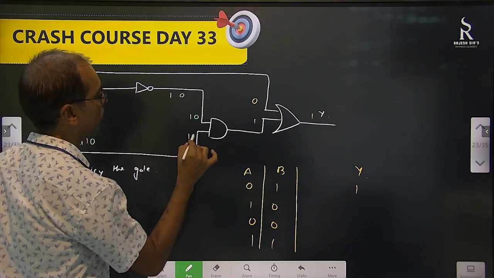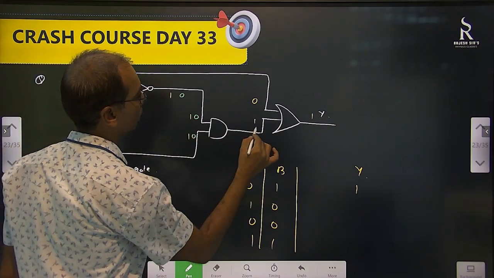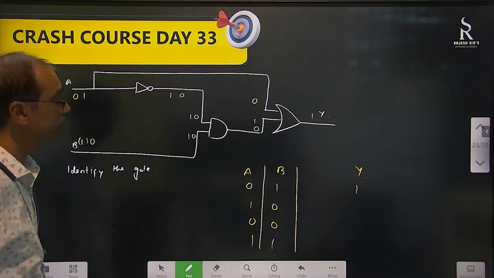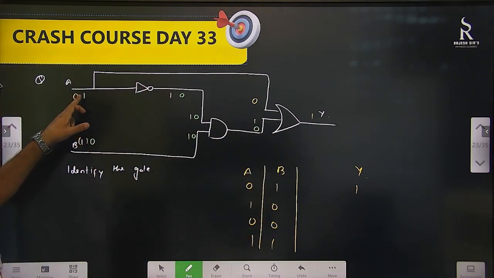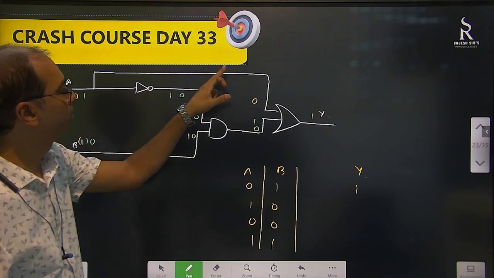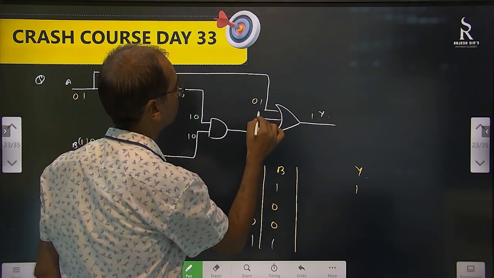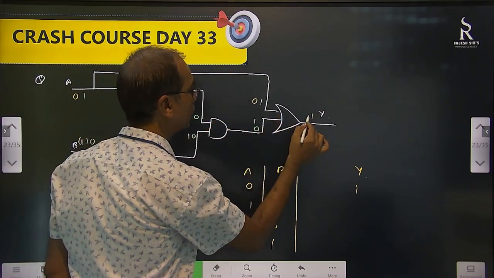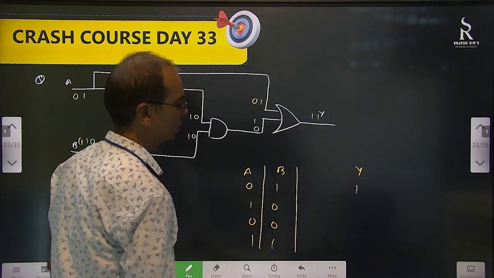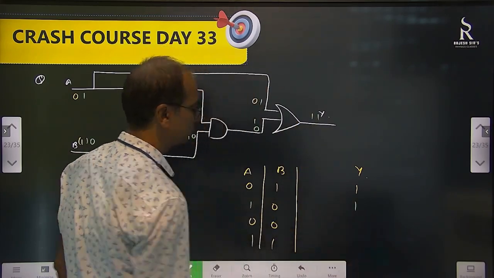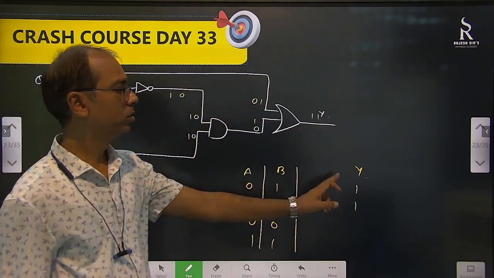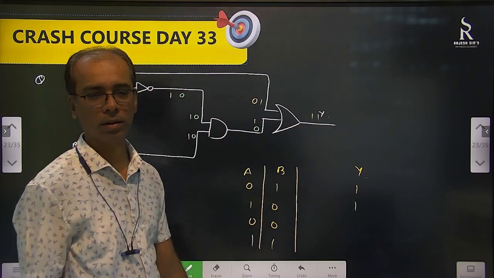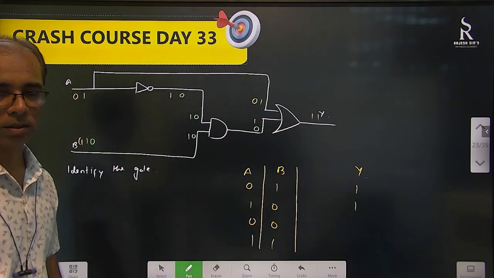This is also 0. 0 and 0 will give you 0 here. From here what's coming? A was 1. From here is coming 1. 1 and 0 will still give you 1. So here 1. So 0, 1 is also 1. 1, 0 is also 1. So looks like OR gate is coming.